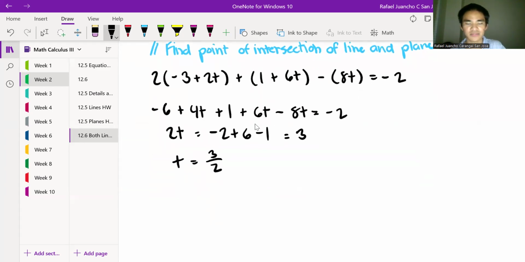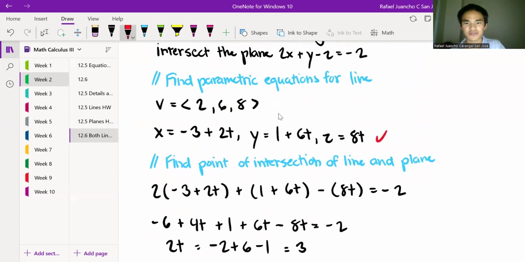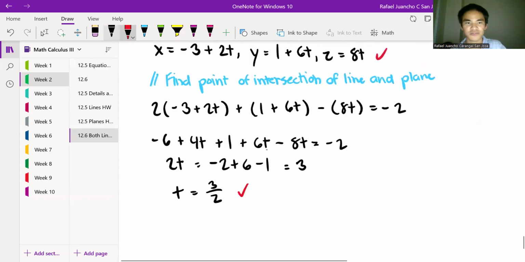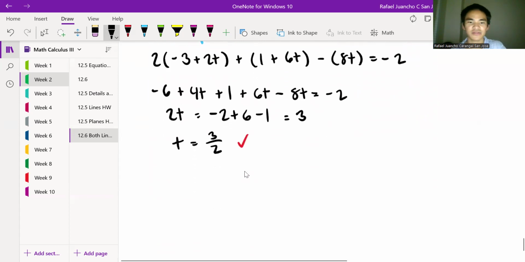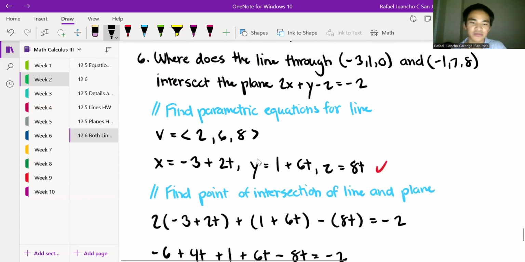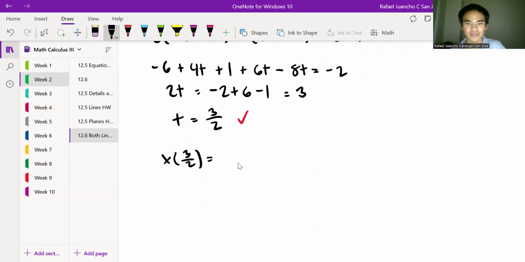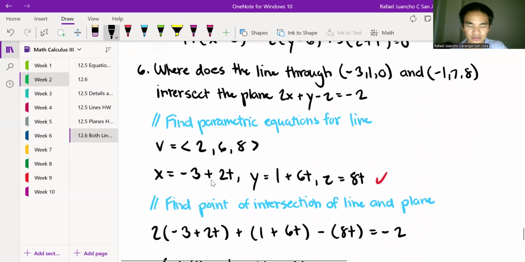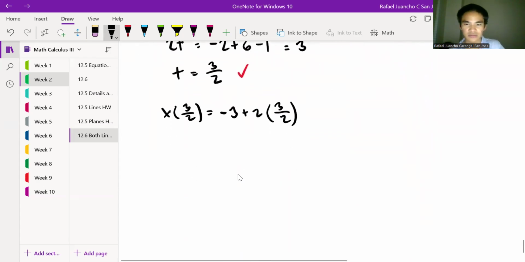So that's t. I'm going to put check marks, just to mark that we got a checkpoint. Now we just plug it in. For x, we plug in 3 over 2. We get negative 3 plus 2 times 3 over 2, which is negative 3 plus 3, we get 0.